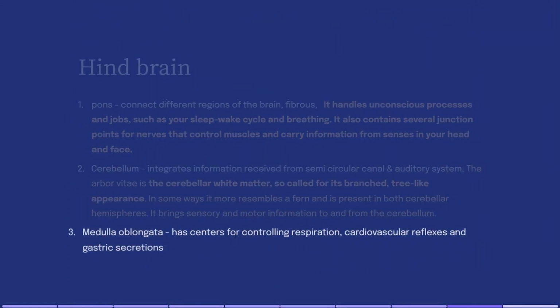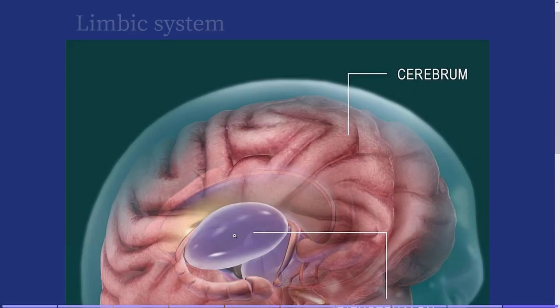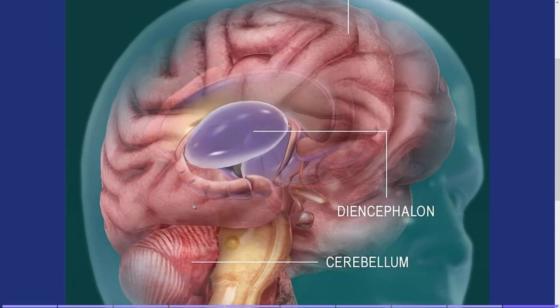There is very little written about it, but there is this one part called limbic system. So limbic system, as you can see, this is the diencephalon, which is thalamus, hypothalamus, etc. And the limbic system covers this diencephalon in this C shape. You can see that there is this C shaped thing over here, and that is the limbic system.